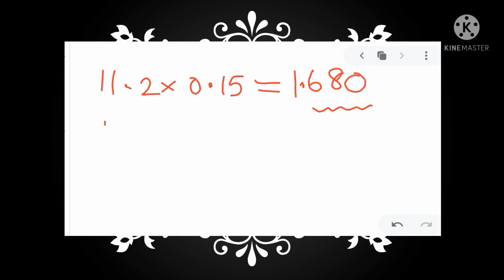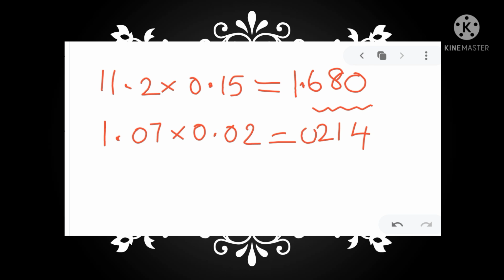The next one, 1.07 into 0.02. Multiply 2 with 107, that is 214, but total decimal places needed is 4. We want to put 0 here and then put the decimal, that is the answer is 0.0214.